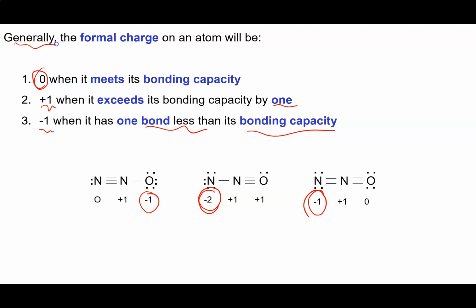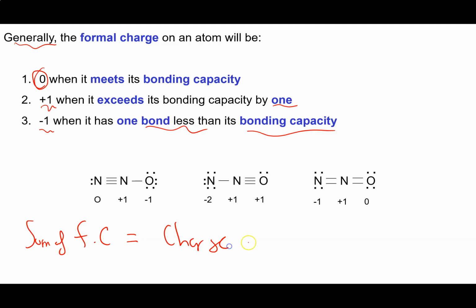These are general descriptions of how you can quickly tell whether an atom is meeting its bonding capacity or not, and also quickly tell what the formal charge is likely to be. Now, something else to note is these guys are all molecules, so the sum of your formal charges always equals the charge on the species.